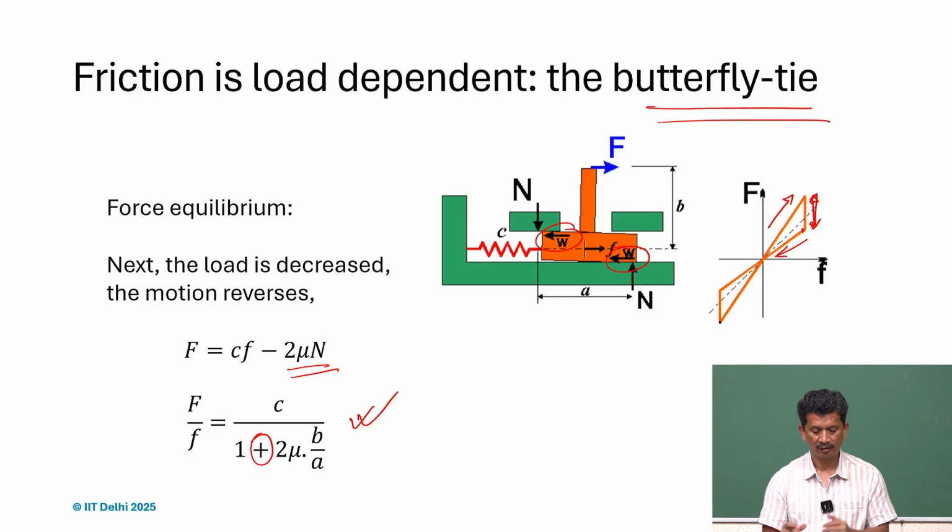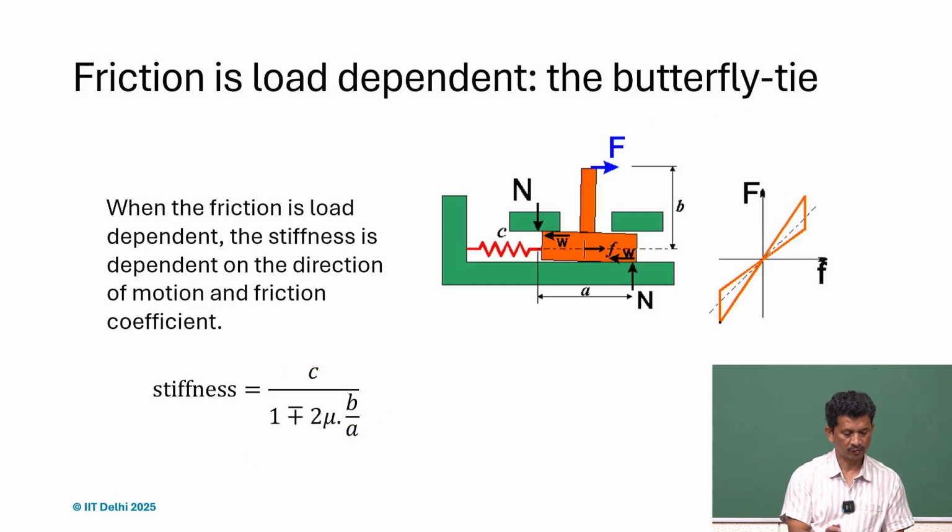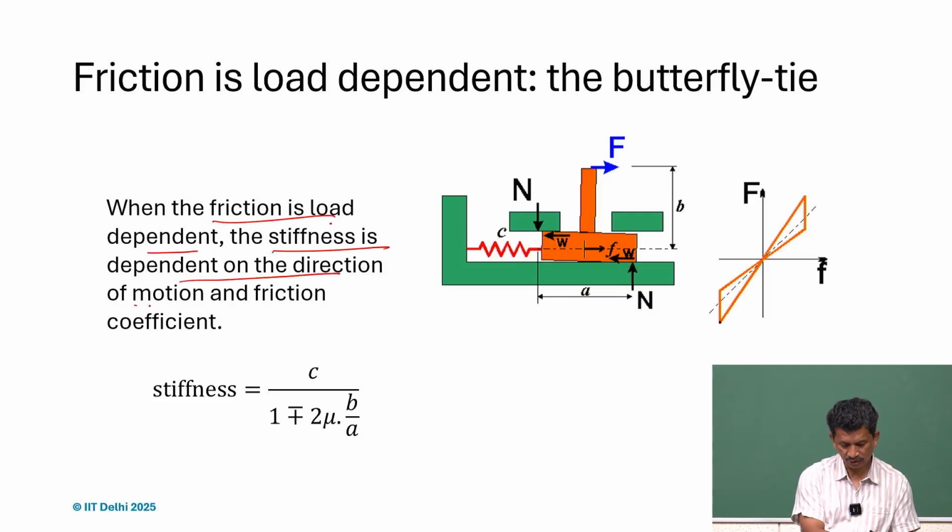And here it's a function of F. The friction value is a function of F. So here the friction is load dependent and the stiffness is dependent on the direction of motion. As it's moving towards the right, it's steeper.